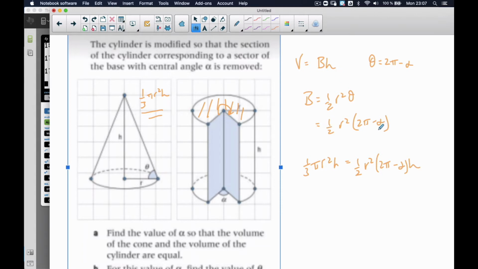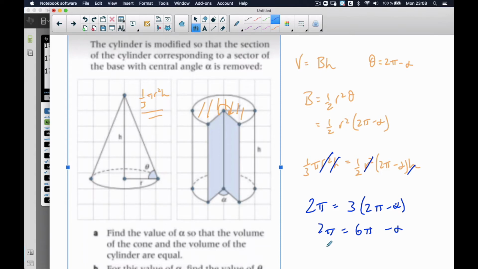And so now it's a matter of solving for alpha. I can come along here, the r squares cancel, the h's cancel. I'm going to multiply by 2 and by 3, so I get 2 pi is equal to 3 times (2 pi minus alpha). So 2 pi is equal to 6 pi minus alpha.